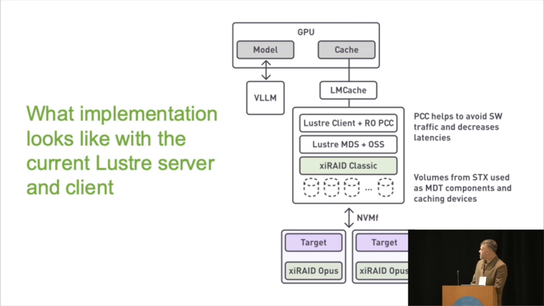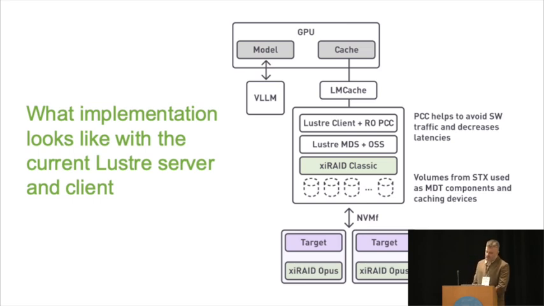So our original idea looks something like this. The idea here is to run our high-performance Opus engine on the STX platform, allowing us to provide individual drives and provide RAID groups across the network. And on the compute side, to run the Lustre client and server side on the same box.